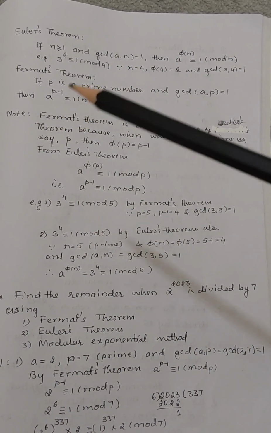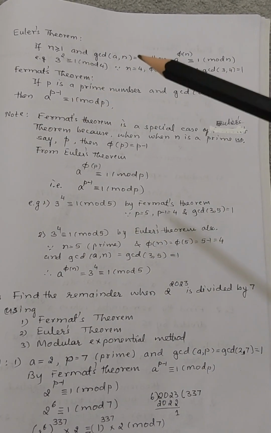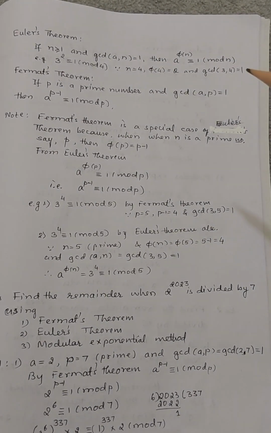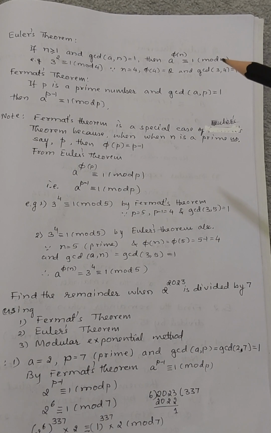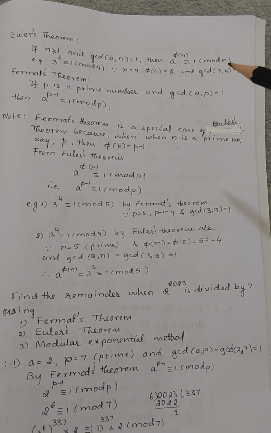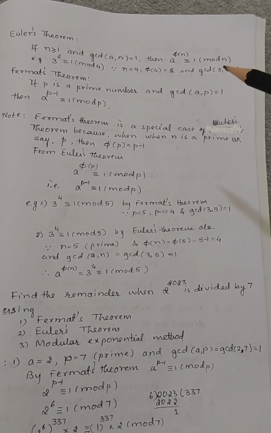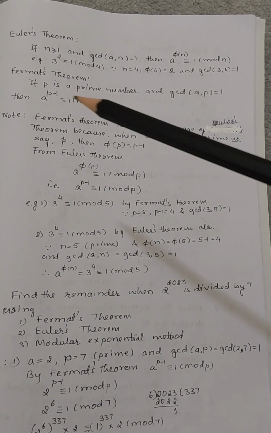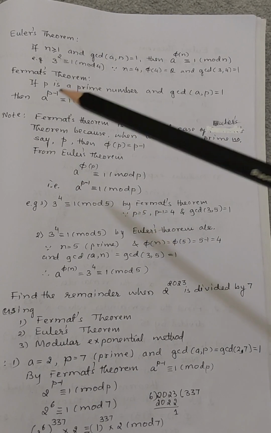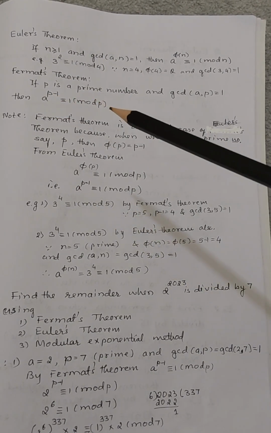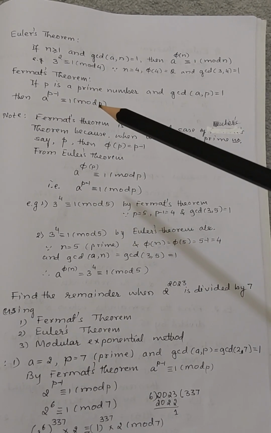Next is Fermat's theorem. Fermat's theorem is a special case of Euler's theorem. In Euler's theorem there is no condition on n; n can be prime or non-prime, composite also. But in the case of Fermat's theorem, this n has to be a prime number, and a and p should be relatively prime.